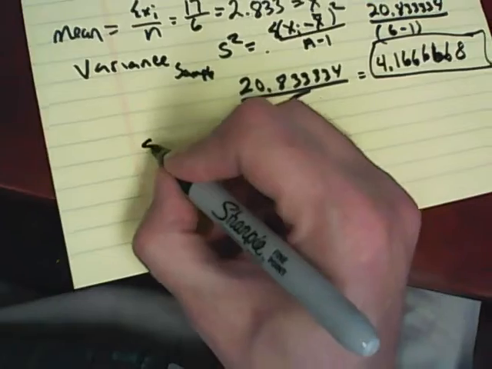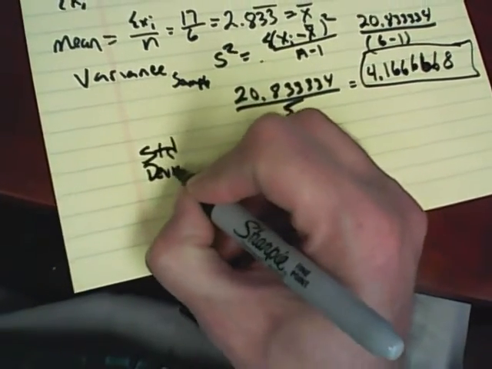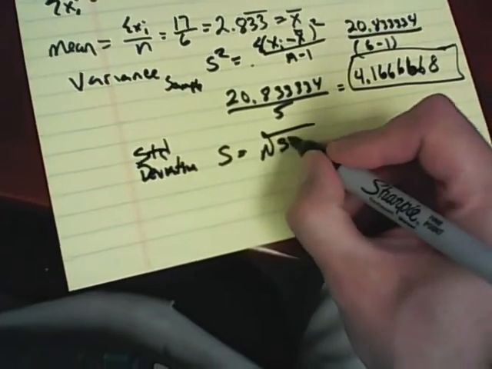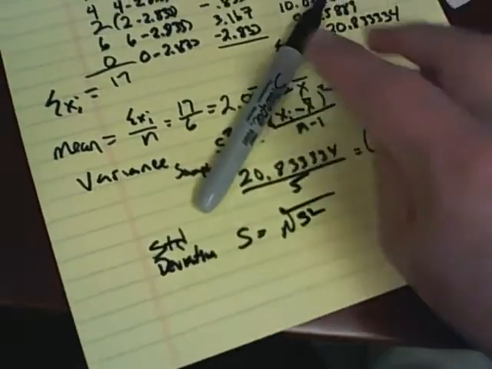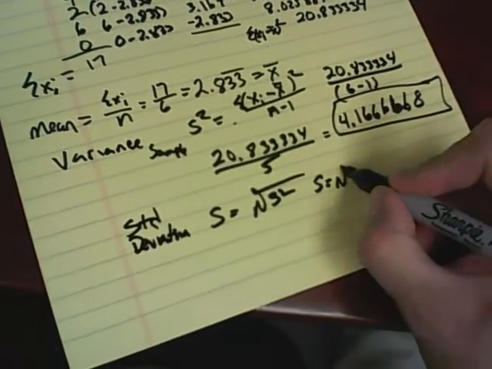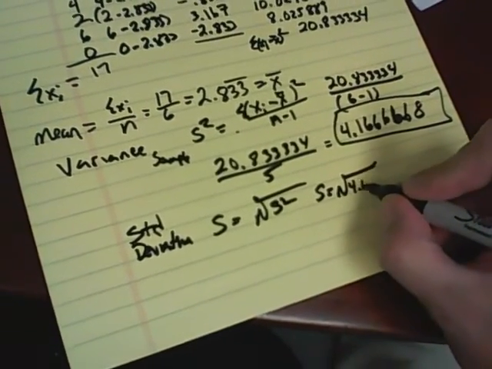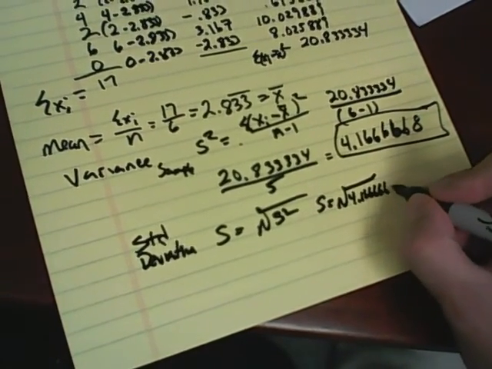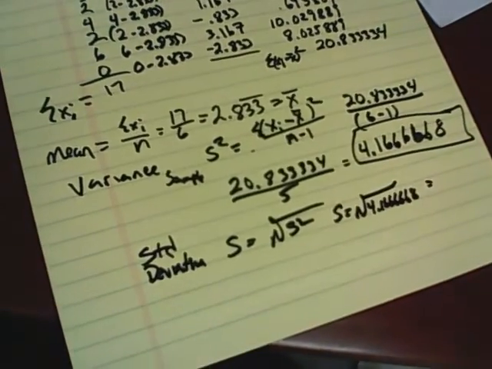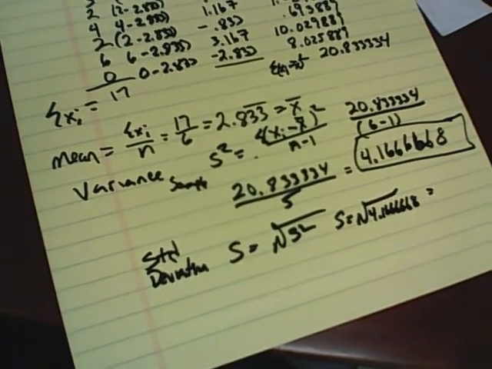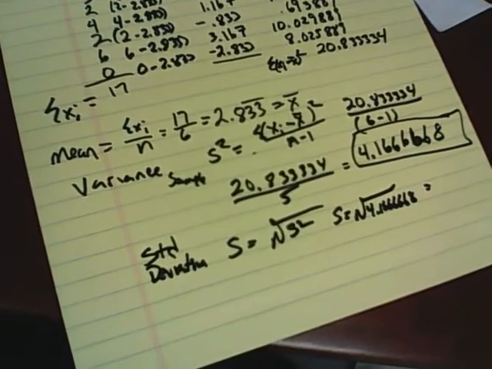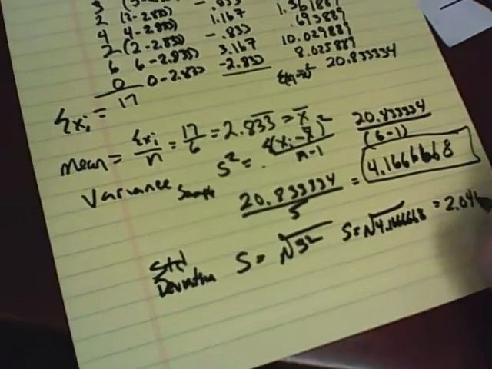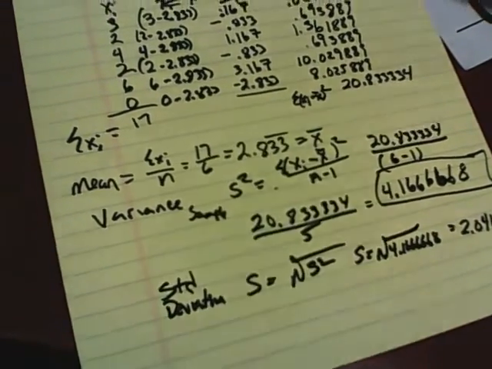The standard deviation, s, is equal to the square root of s squared. So here, s is equal to the square root of 4.166668, which is equal to 2.0412.